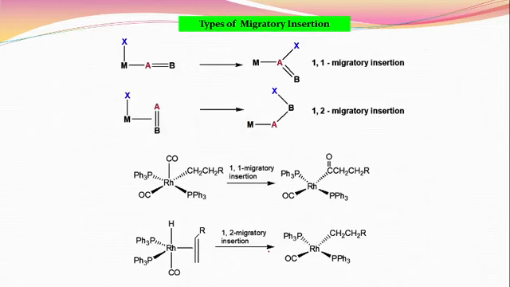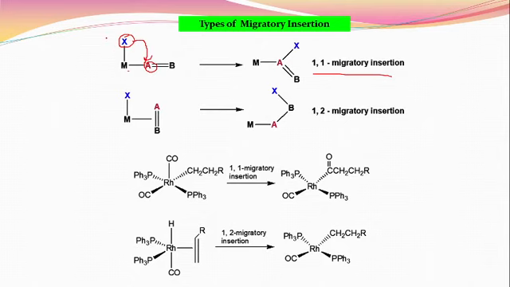This migratory insertion has mainly two types. First is called 1,1 migratory insertion. Here this is the A atom, that means the metal is directly bonded to the A atom, and this X group is also directly bonded to the metal. Then this X is migrated to this position.